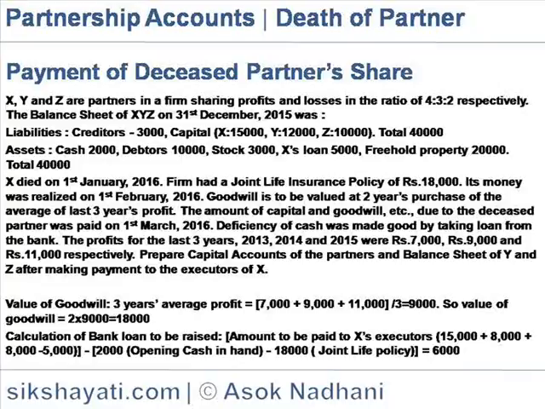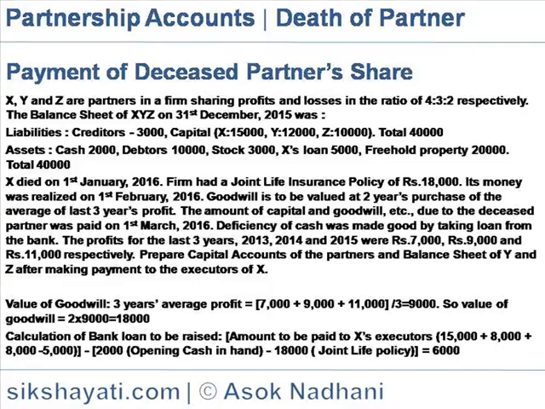This deficiency of cash was made good by taking a loan from the bank. The profits in the years 13, 14 and 15 were 7,000, 9,000 and 11,000 respectively. Prepare capital accounts of the partners and balance sheet of Y and Z after payment to the executors of X.